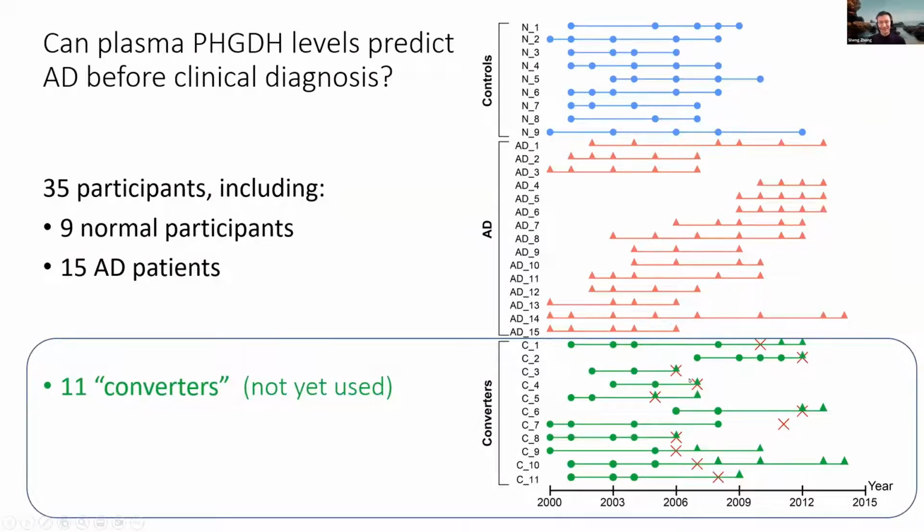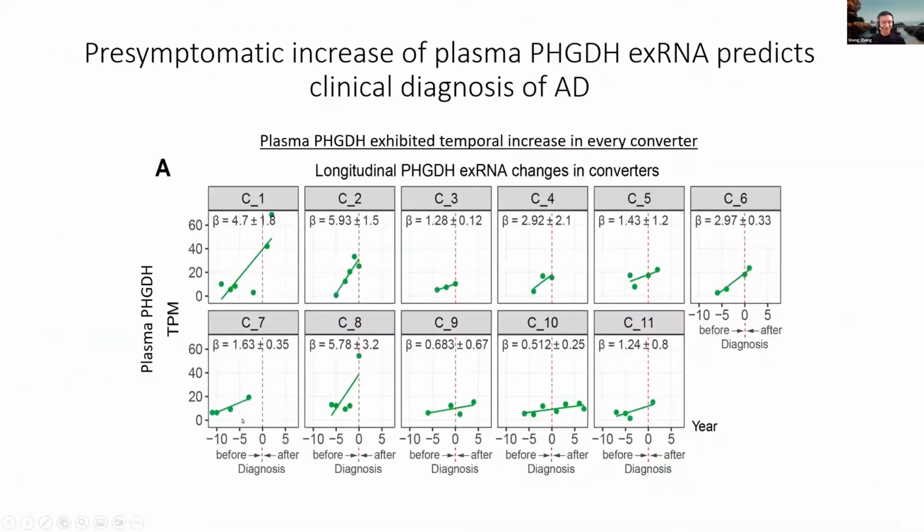In fact, there is a group of converters whose data we have not used at all, right? We mentioned that in our 15-year follow-up, there were people who were normal but unfortunately converted to AD during the follow-up. We didn't interrogate this set of data at all so far.